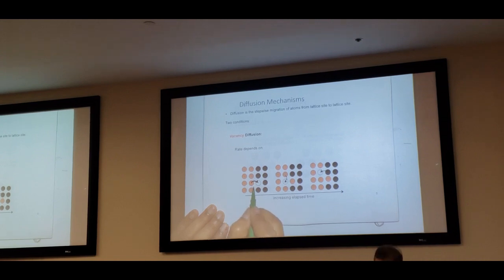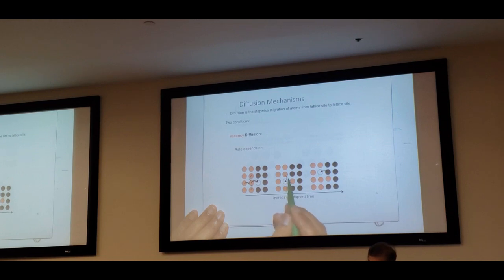A vacancy is generated basically because this atom moved from this point to this point. Now it has moved, and a vacancy is generated.